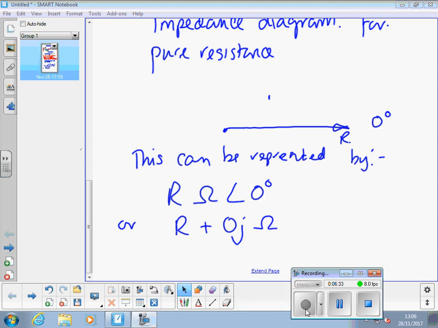This being polar form and this being rectangular form.